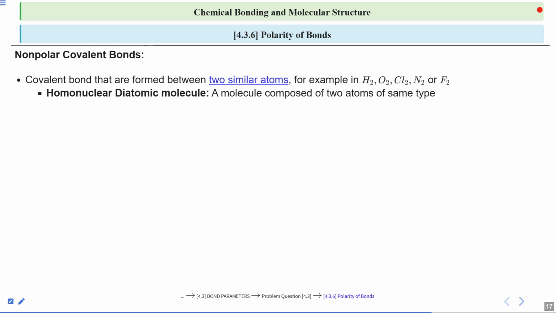All of these will be non-polar because the difference in their electronegativity will be 0. Got it? Similarly in nitrogen and the same in fluorine. And the difference in electronegativity was the main cause for the development of polarity.